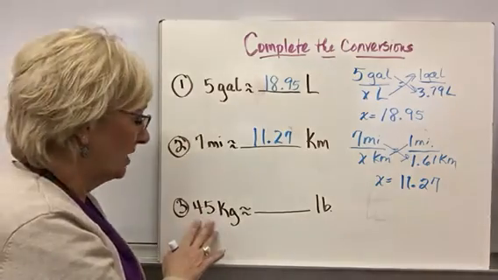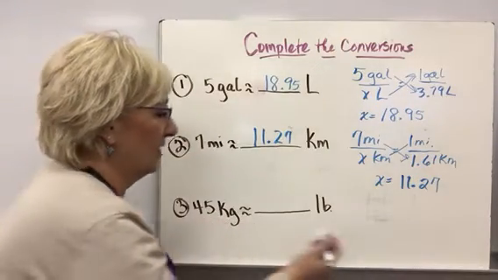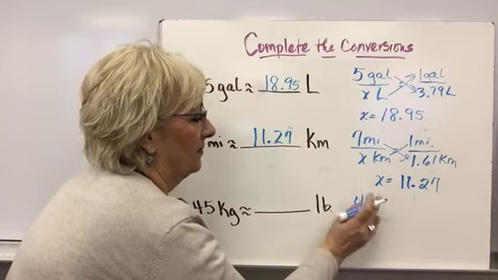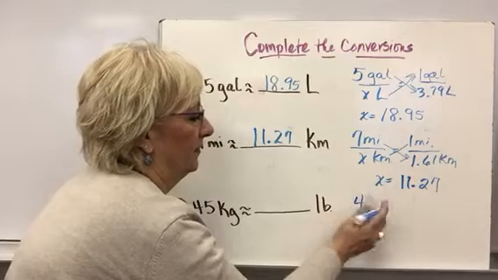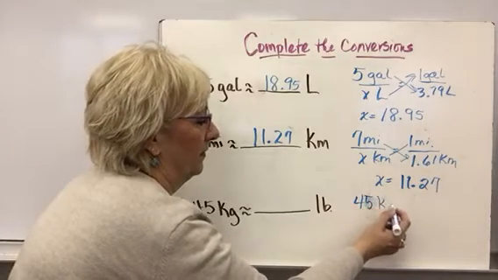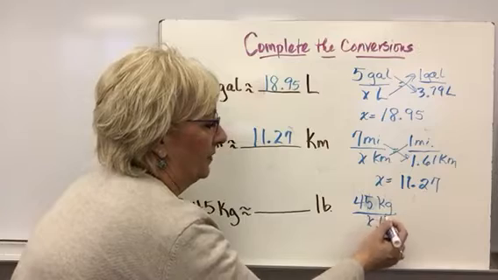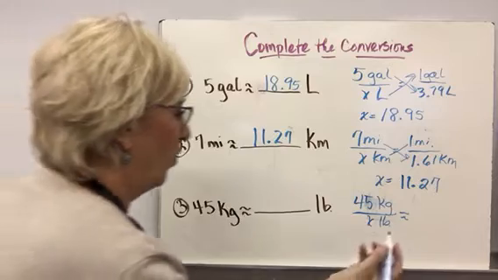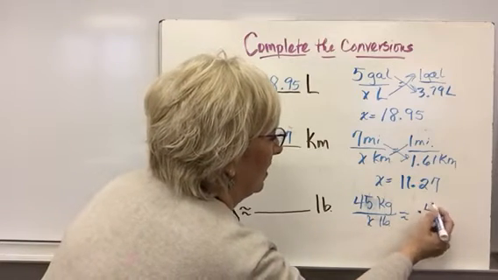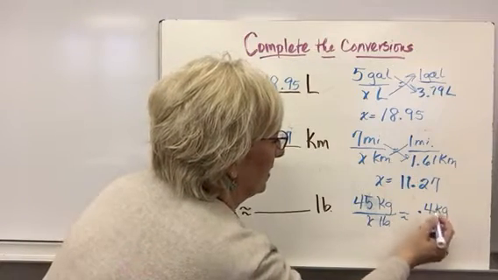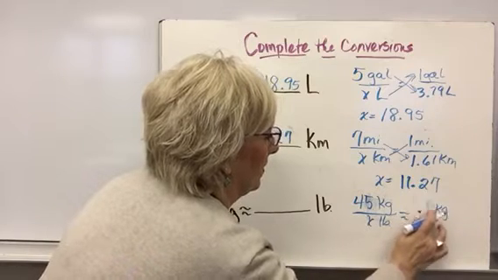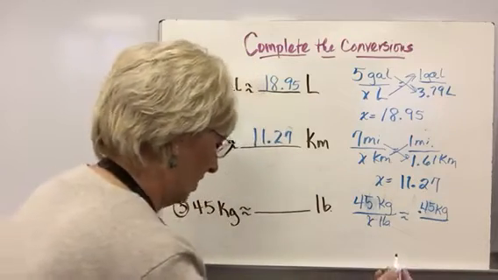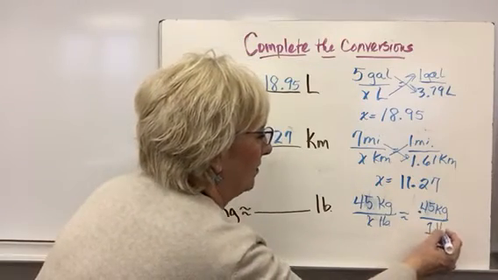Here's another one in kilograms. What I don't know is how many pounds 45 kilograms is. So I'm going to put 45 kilograms to X pounds. What I do know is that 0.45 kilograms is about equal to 1 pound, okay?